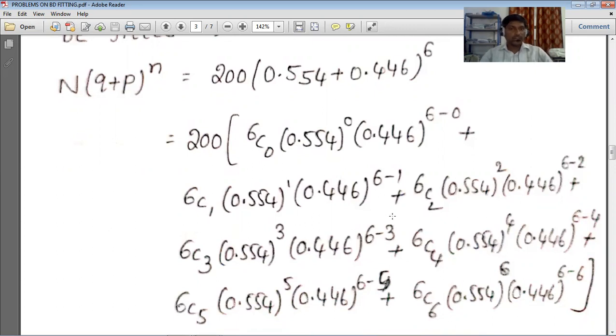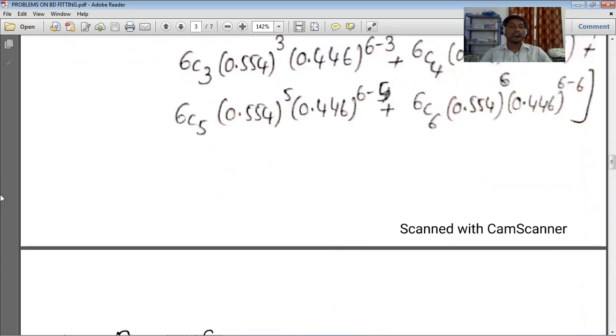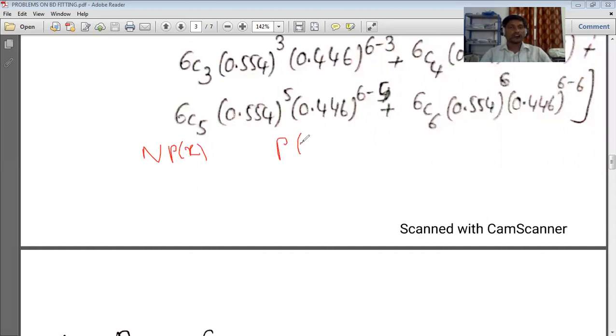If this writing is confusing, simply you can use capital N into P of x, where P of x is equal to nCx p power x q power n minus x.